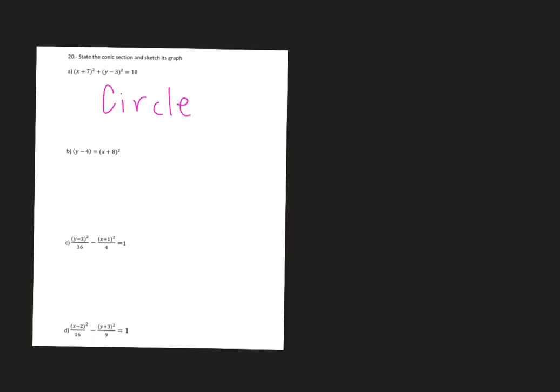You should know what the general shape of a circle looks like, so you're just going to match which one of the graphs is the circle. This circle will look something like that. Okay, so there's our circle.